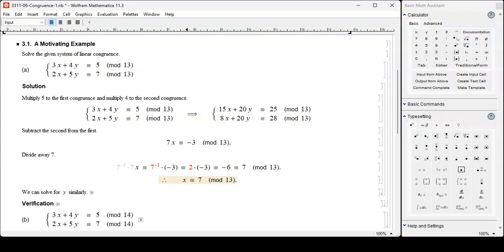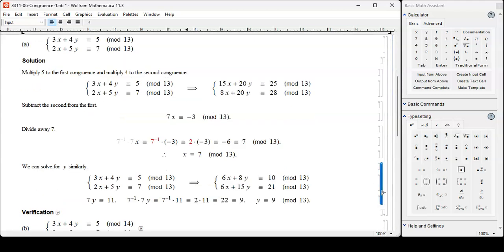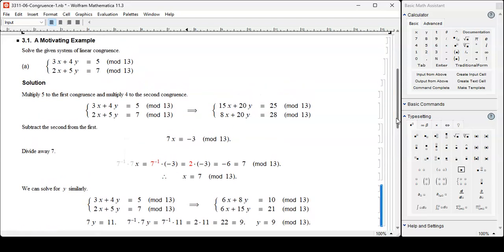We can do something similar for y, and if you do that, this is the computation you're going to get. Curiously, 7 inverse shows up again, and the answer is 2. So multiplying by 2 times 11, you get 9. So the answer, x is 7 and y is 9.